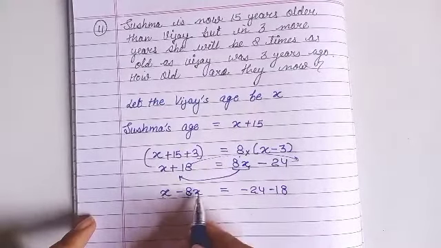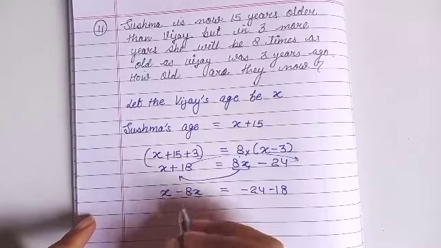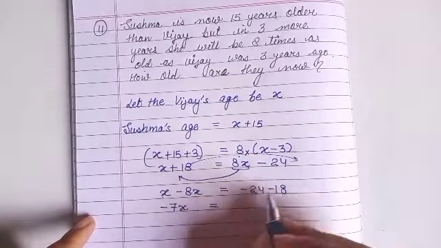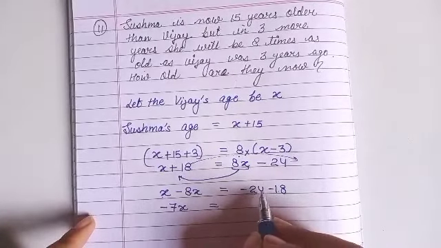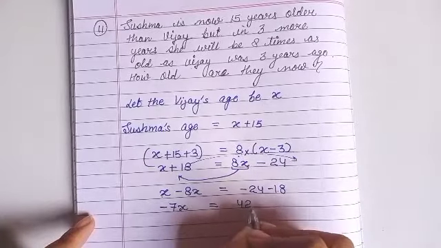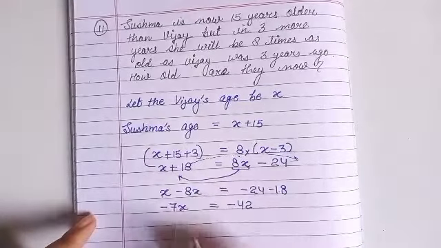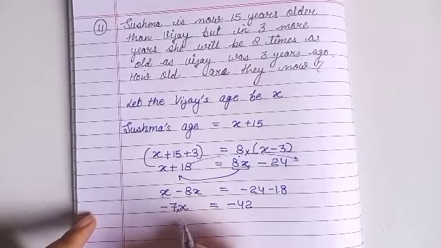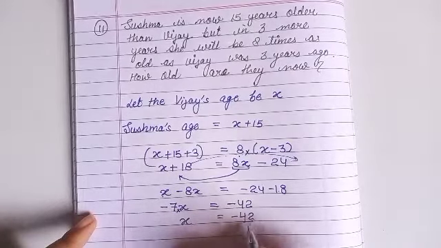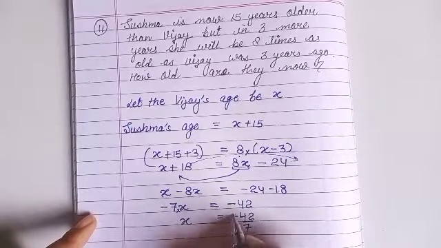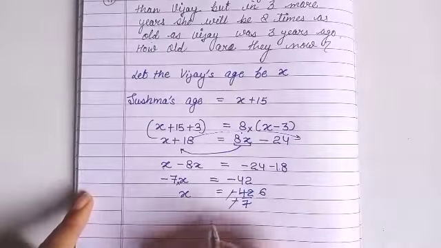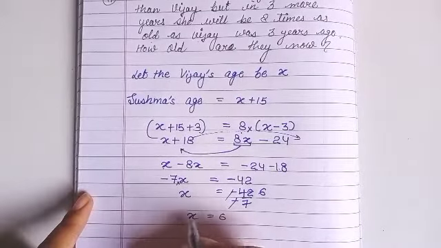Both are of different signs, so these will be subtracted. 8 minus 1x, 7x, and sign will be negative, is equal to, both are of same sign, so these will be added. Add them, it will become 42 and this will be of minus sign. Now minus 7x means minus 7 multiply x, so x is equal to minus 42 upon minus 7. Minus minus cancel out, 7 6s are 42. So x is equal to 6.